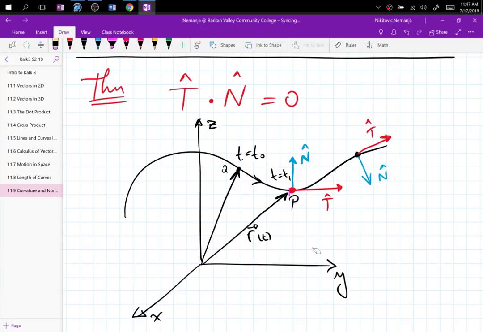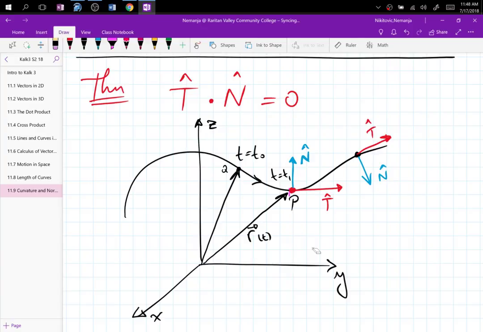Page 851 in our textbook is very helpful because it contains all of the formulas in one spot. It shows your position vector, which is your vector valued function r, a set of parametric equations. Then you have your velocity and acceleration, which are the derivatives of each component separately. The unit tangent vector is r prime, which is velocity, divided by its magnitude, which is speed.